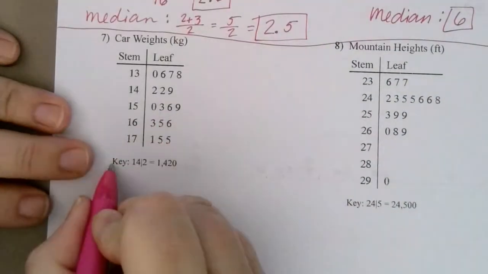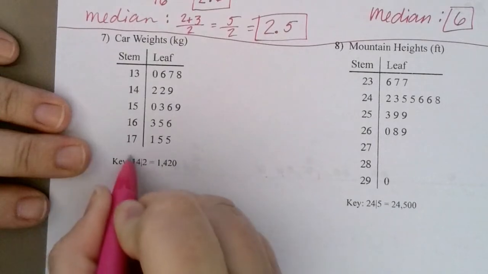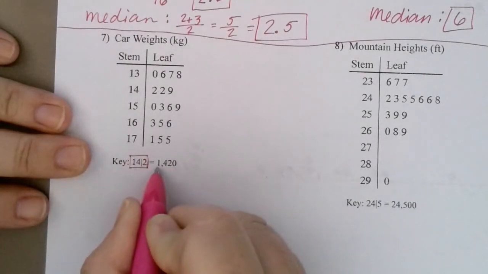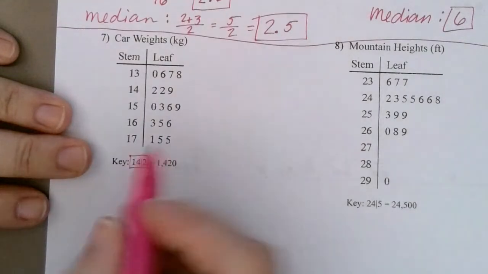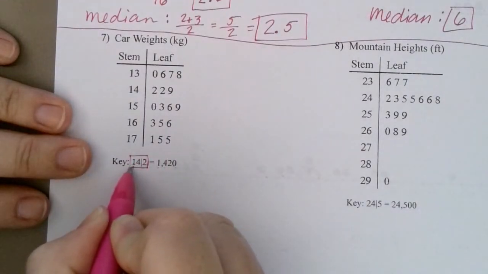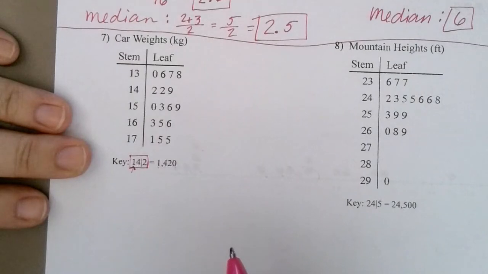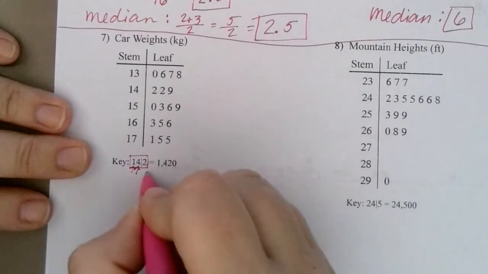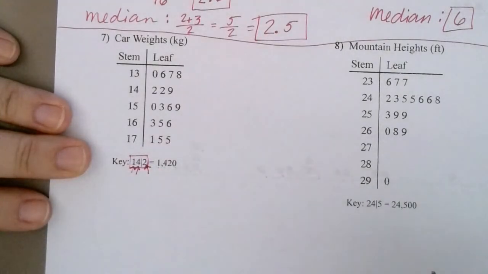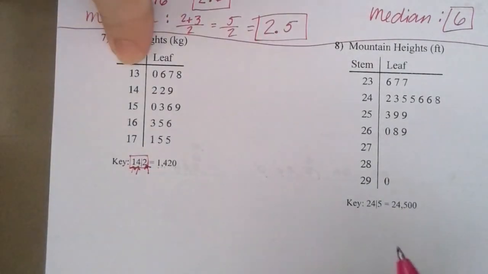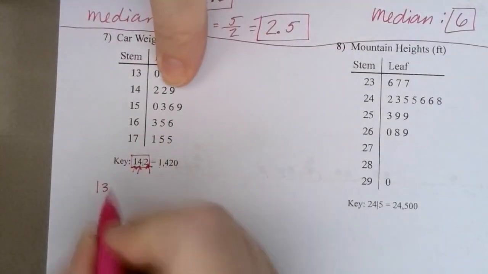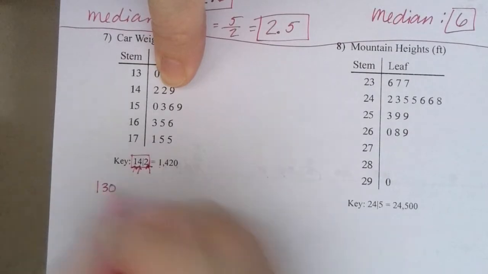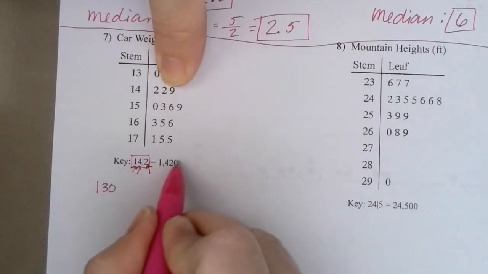This has a key. When you see this, that represents the number 1,420. So in other words, the 1 is a thousands value, the 4 is a hundreds value, and the other side, the leaf, is a tens value. So if I look up here, if I have 13, and I'm just going to take the first number over here, 13, 0, I'm going to add another 0 to the end.